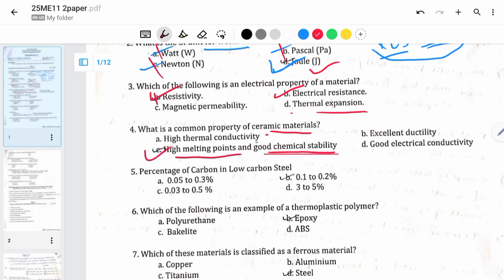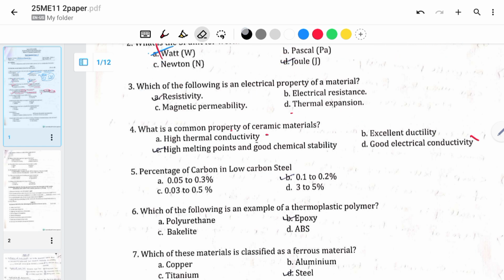Conductivity is the wrong answer, it is not a conductor. It is not ductile, it is a brittle material. So the correct answer is high melting point and good chemical stability.